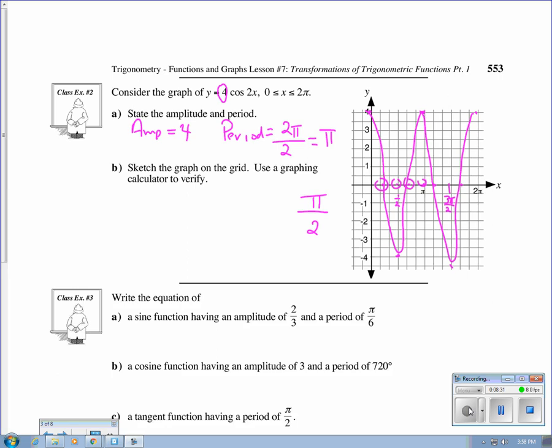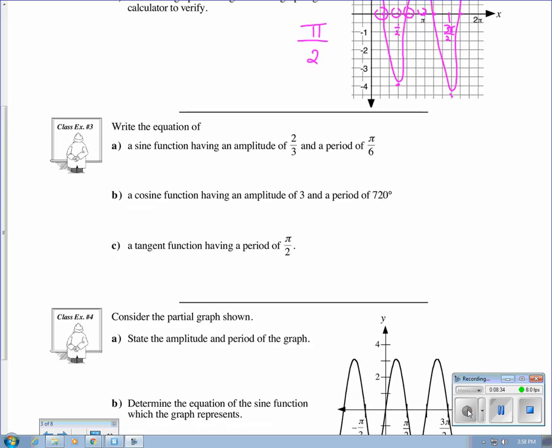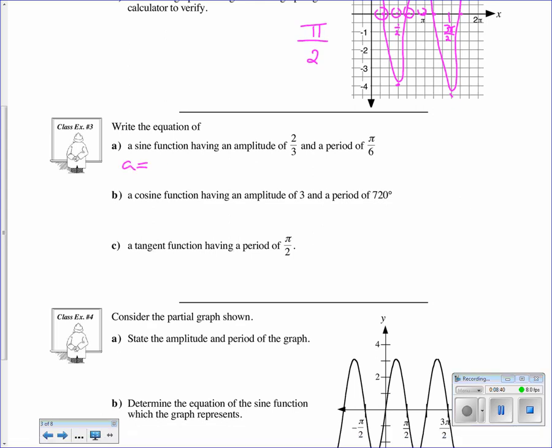So now we have to do some writing. If I know I have an amplitude of 2/3, I know what my A value is. My A is 2/3. And my B value is controlled by my period. Period is 2 pi. 2 pi divided by B is supposed to be pi over 6. A little bit of algebra to solve for my B. Excuse my B's and 6's looking the same.